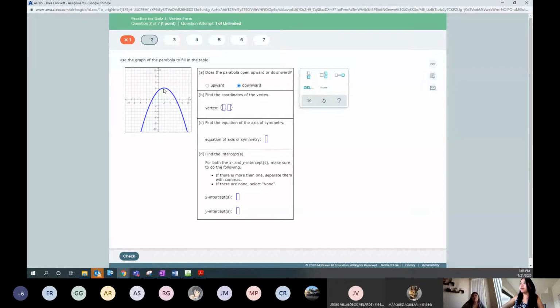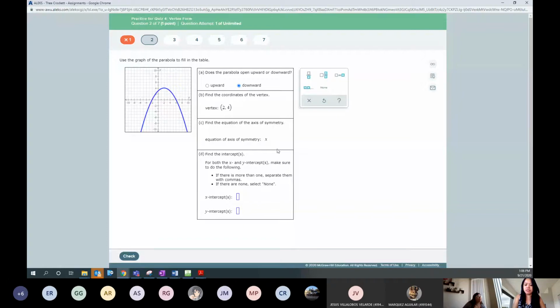Because this parabola is pointing downward, the vertex is on top. And what point is that? If we start from the origin, you go to the right 2, so positive 2, comma, then you go up 4. So it should be (2, 4). All right, so the vertex is at (2, 4).